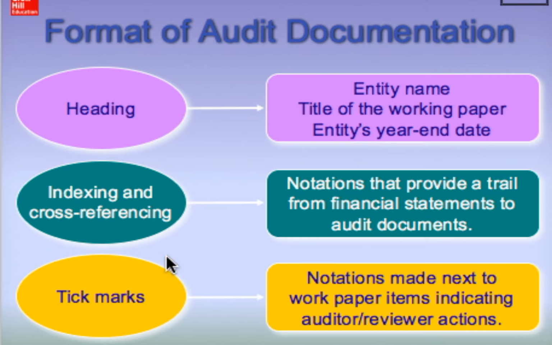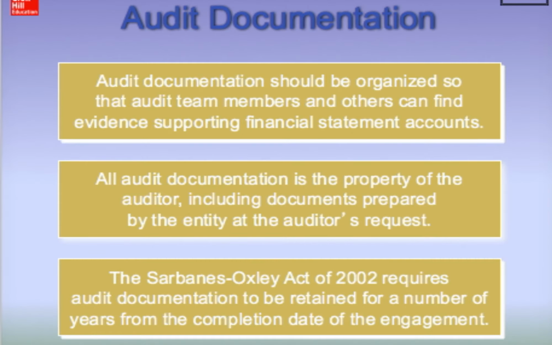So the tick marks are just something that they might look for to show that you not only documented at some point, maybe even after the fact, but that as you were going through, you had a plan, you documented as you were going, tick marks, check marks, just indications that you were working through the documentation as you were working through the audit.